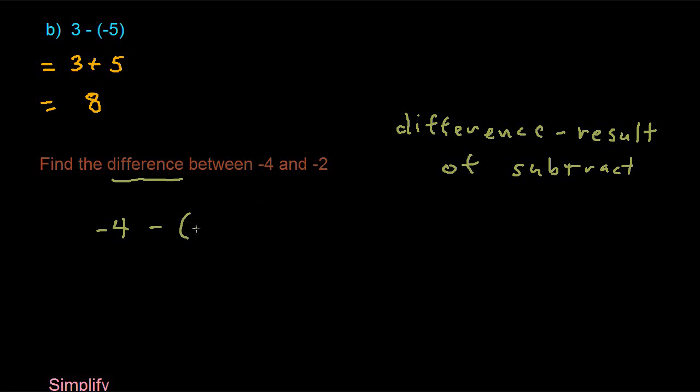Then the first step, remember, is to change it to an addition problem of the opposite. The opposite of -2 is +2. We have different signs, so we take absolute values and subtract. We get 2, and we take the sign of the larger. The answer is -2.